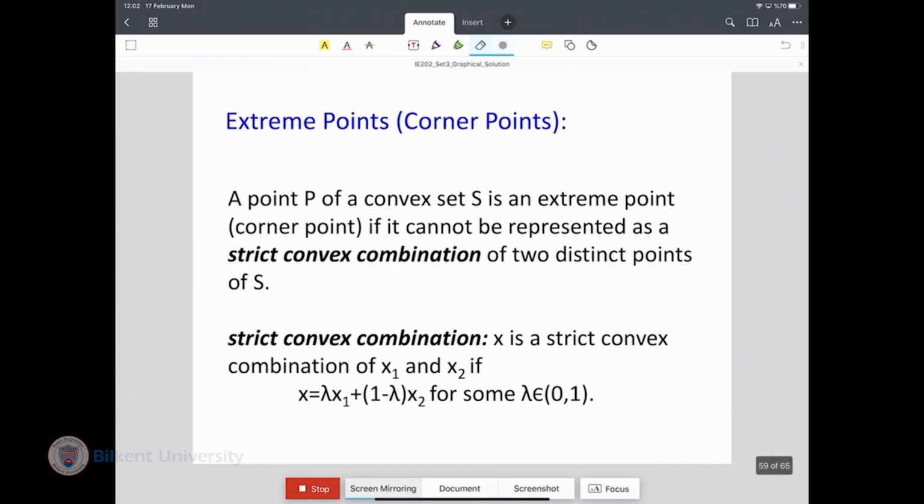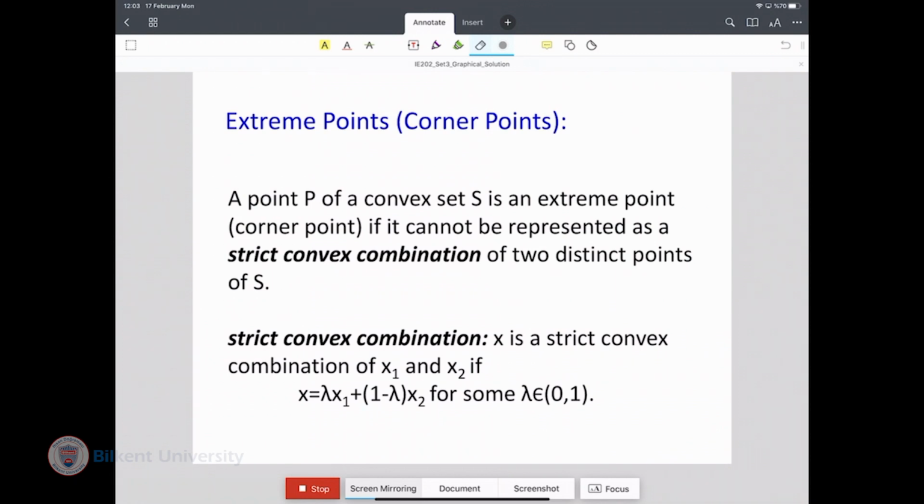Okay, another definition then. In order to represent the corner point, I need another convexity definition, which is strict convex combination. Now, it's very similar to the convex combination, you just don't include the endpoints. So lambda is between 0 and 1, not included.